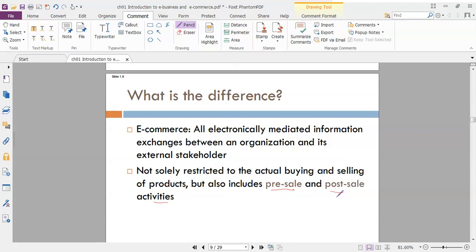Post-sales, maybe the bills, the receipt, or maybe you want to claim some service after you get the product. So e-commerce includes pre-sale and also post-sale.